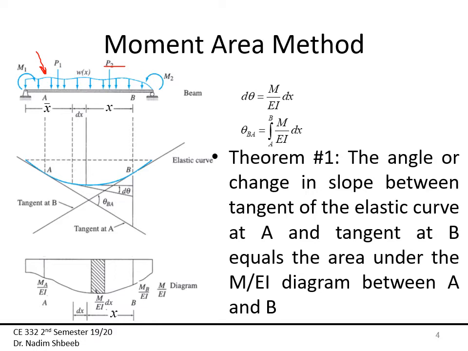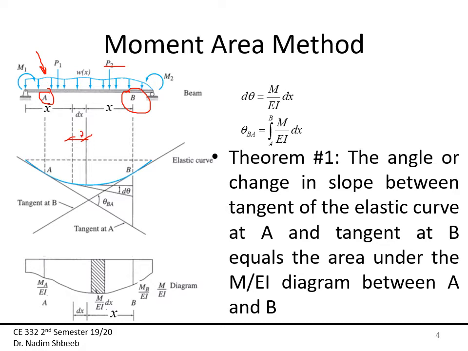I'm going to draw the deflected shape or the elastic curve of that beam between 2 points, point A and point B. Okay, and then I'm going to be interested in some infinitesimal distance dx, which is at some distance x from B. Okay, so this is my dx now.